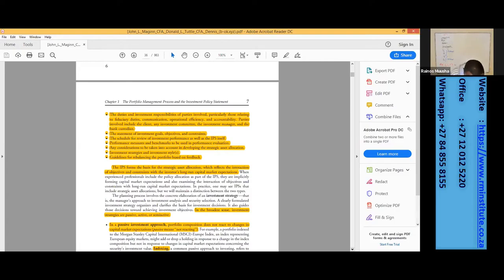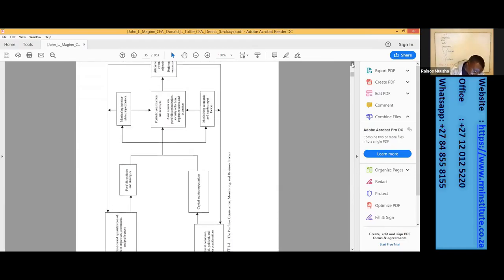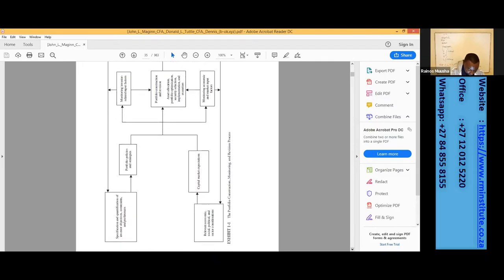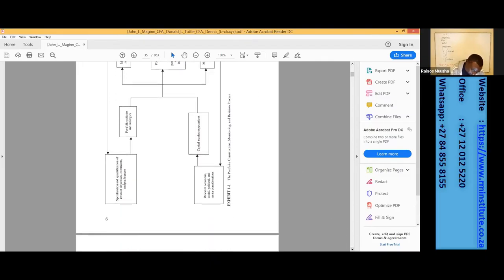These issues are what is summarized in this particular diagram, showing how they go about preparing this.